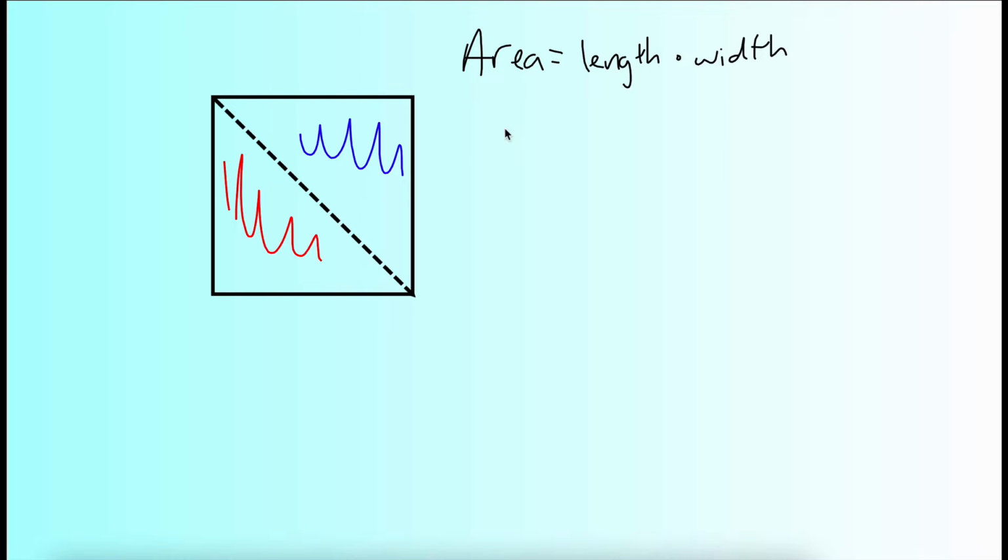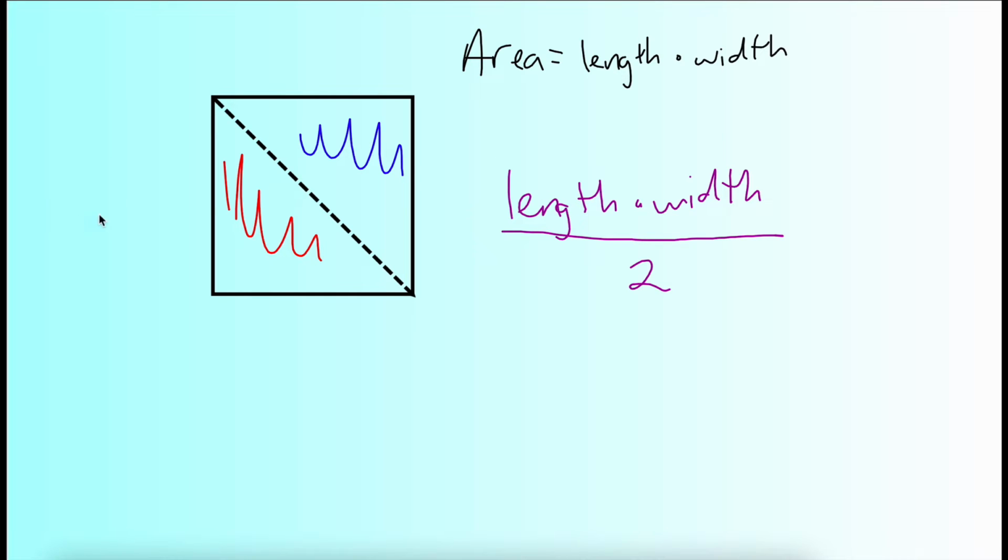Now, if the formula for a rectangle was length times width, what would be the area of just one of these triangles? Well, it would be length times width, but since the triangle, the red one, for example, only takes up half of the space of the rectangle, we would then take the length and the width and we would divide it by 2. We would cut it in half.